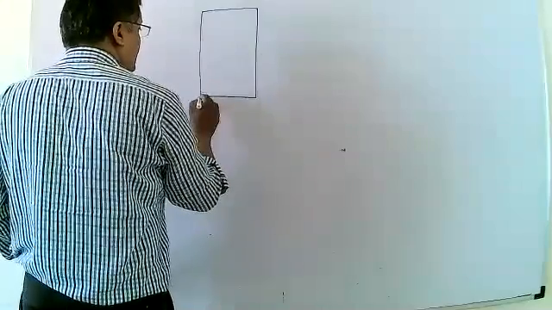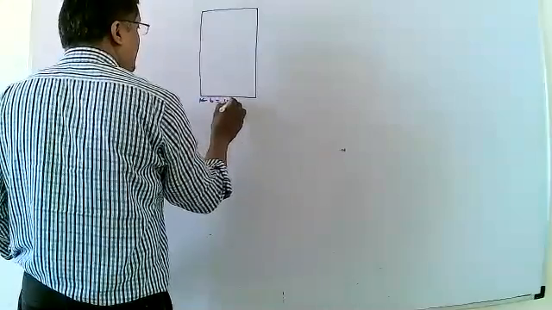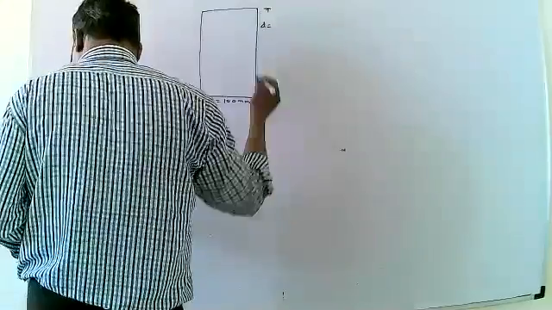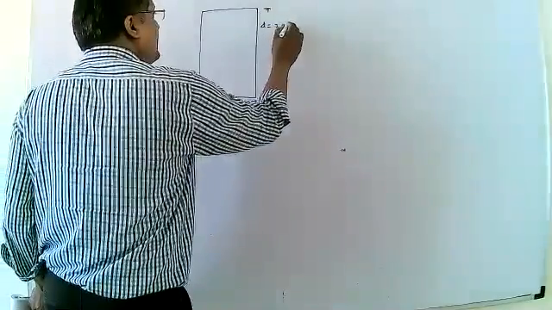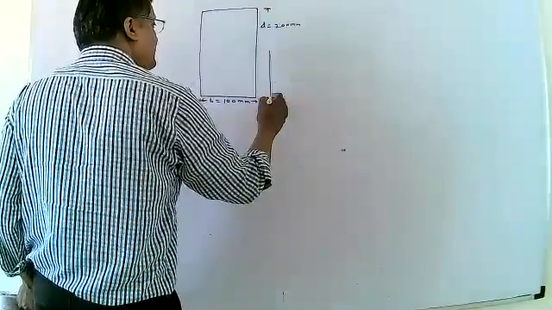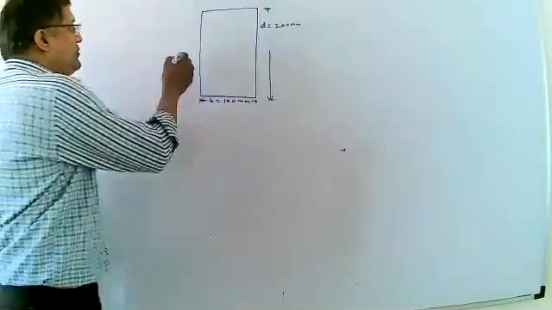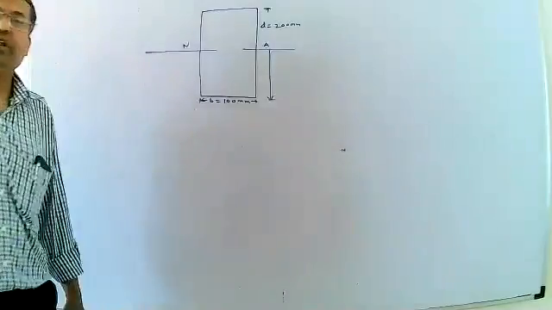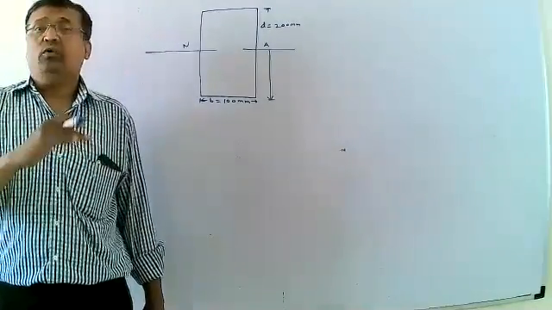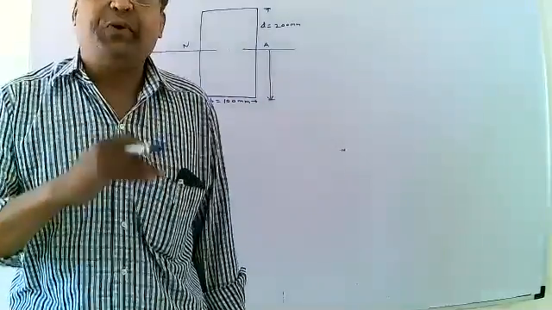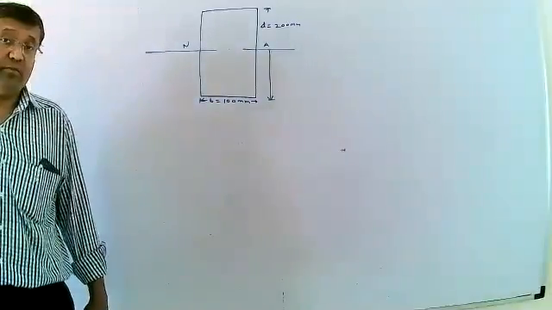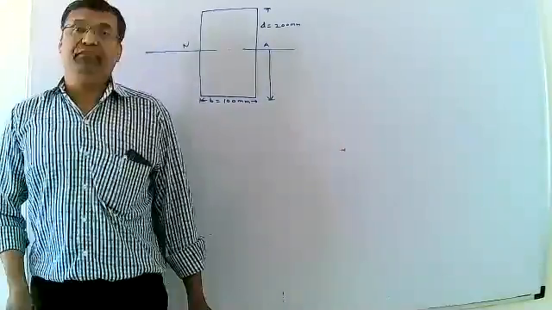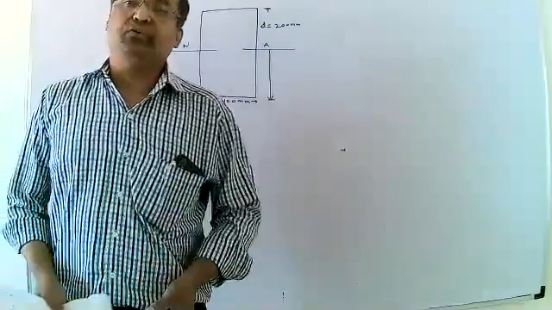Here this is the neutral layer or neutral axis, which passes through the centroid of the section of the beam. Always remember this. And we have to calculate the shear stress at 50 mm from the neutral layer.